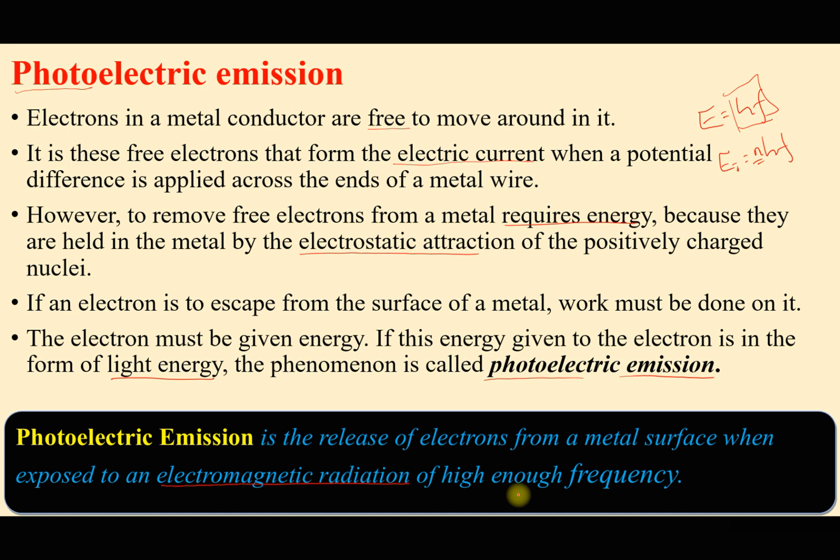The light which is able to release an electron from a metal surface should have high enough energy. High enough frequency means high enough energy. So the photons must have high enough energy to cause electrons to be released from a metal surface.